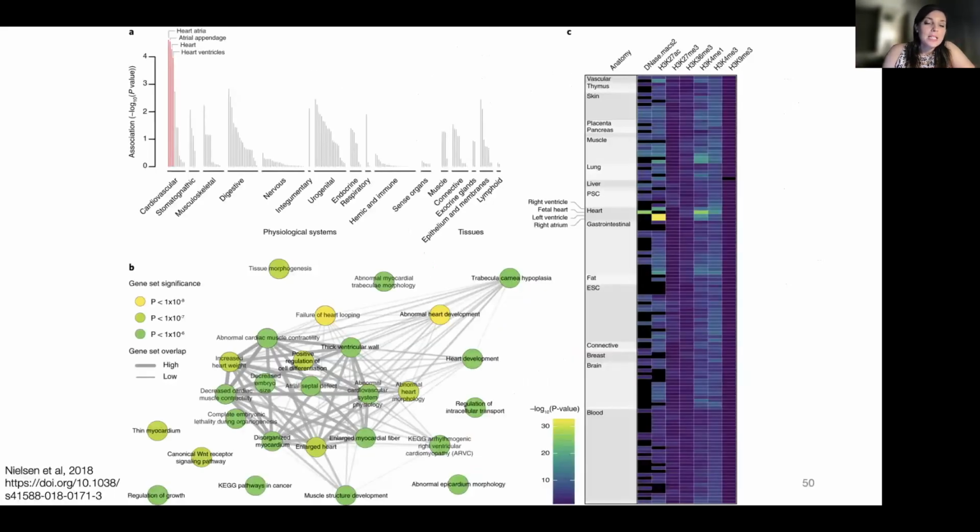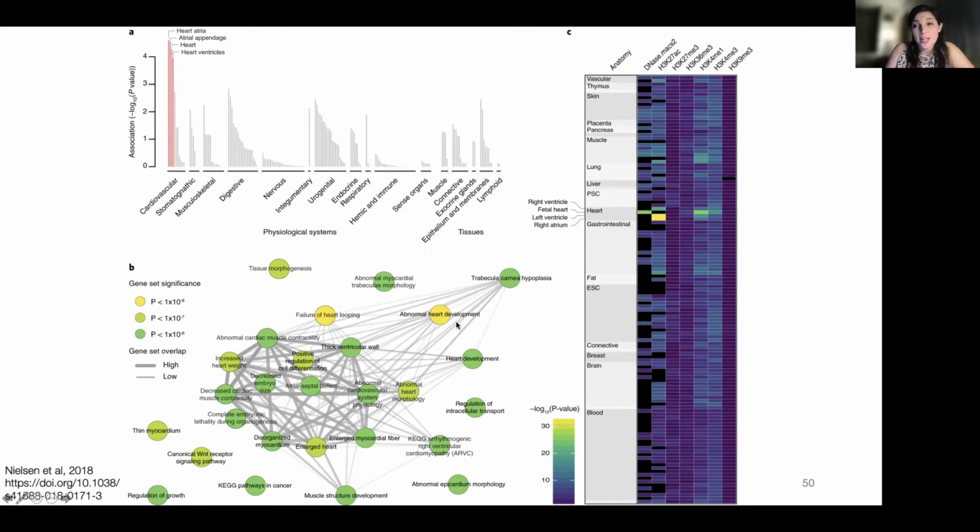And these are results that come out of DEPICT, and there's a lot to unpack here, but essentially we can look at different tissue types where the associations fall that there are eQTLs for. We can also look at these networks of the gene sets. So there's a lot of significance in the gene set for failure of heart looping and abnormal heart development.